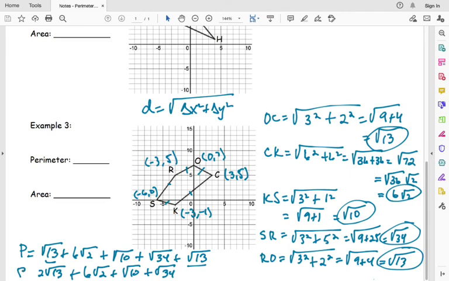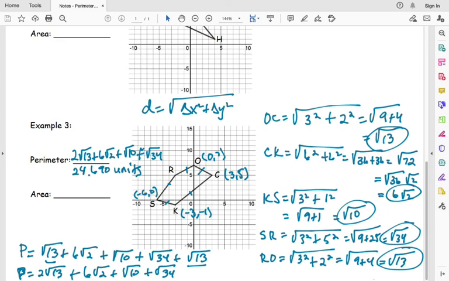So this represents an exact answer for the perimeter. And if you were to get the decimal for that, it would be 24.690 units.